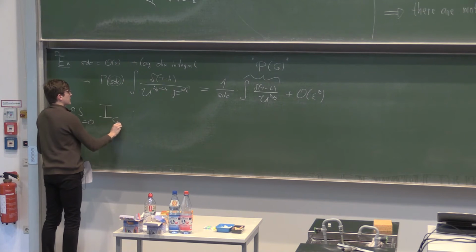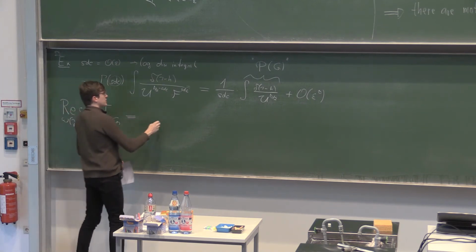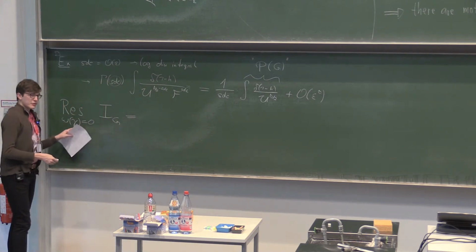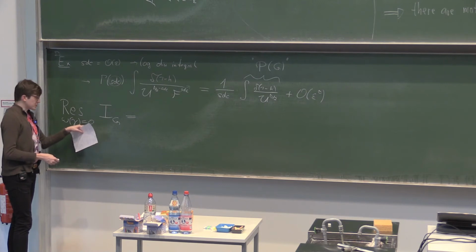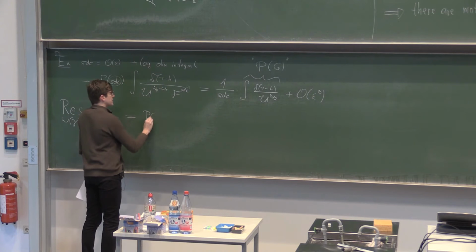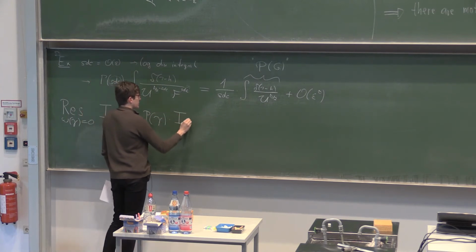The residue factorizes into something with the subgraph and the quotient graph. For an ultraviolet graph, the subgraph has superficial degree of convergence 0, so it's logarithmic and doesn't depend on kinematics. So what you should put for the subgraph is the period of the subgraph times the Feynman integral of the quotient graph.